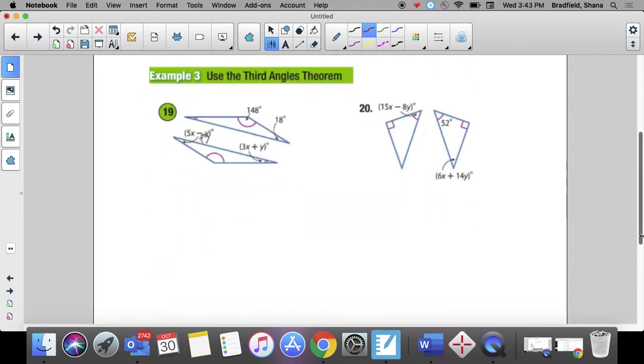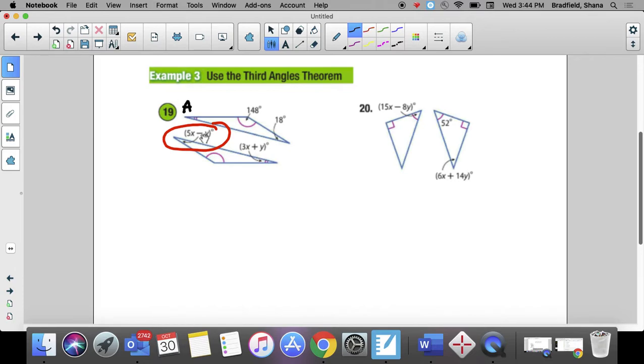In example 3, I want to find x and y. This one right here with the hand is 5x minus y, so I need to figure out what it corresponds to. I'm going to give these some letters real quick.